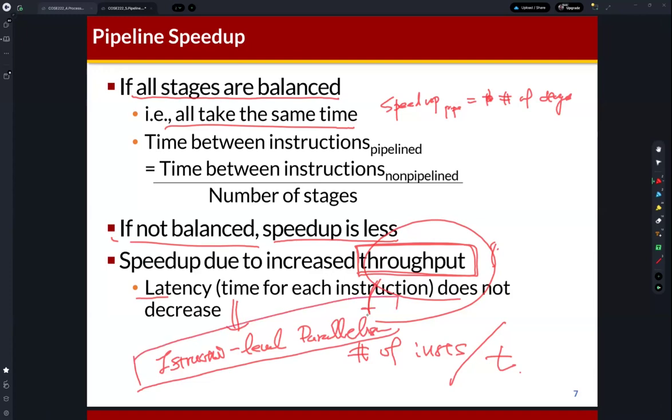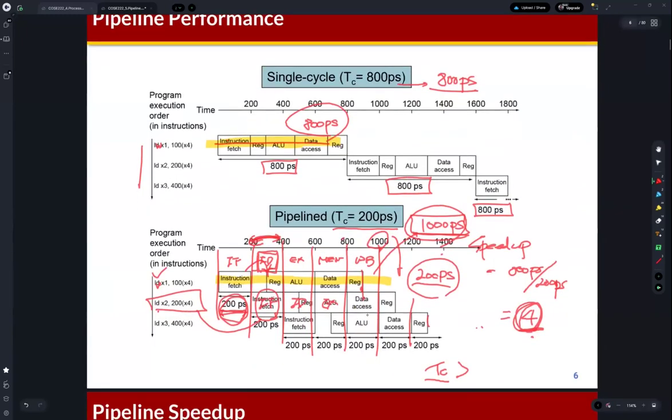If we just observe this time, we can observe that multiple instructions are executed.